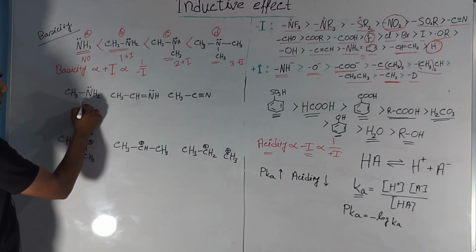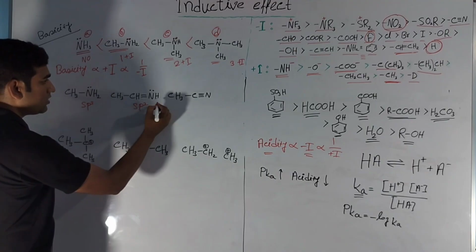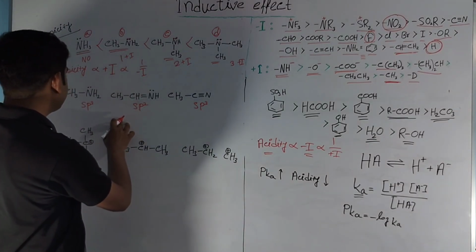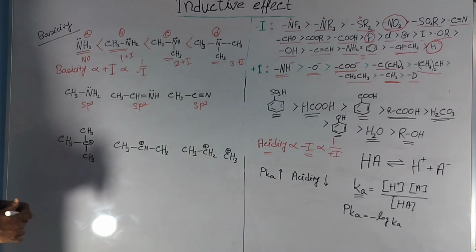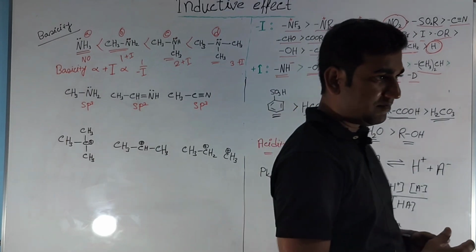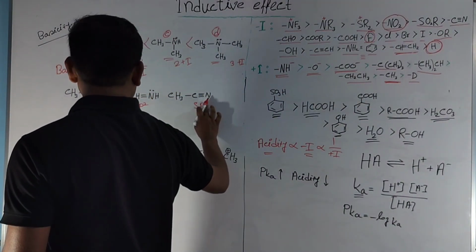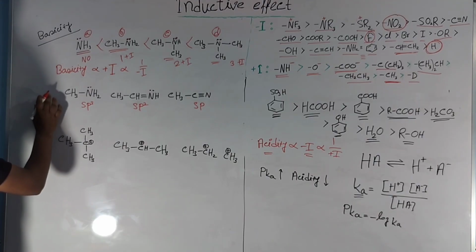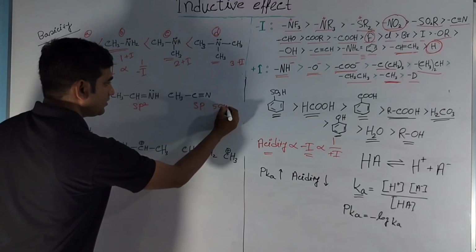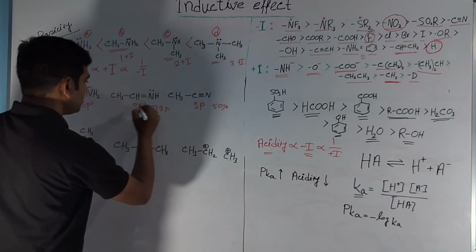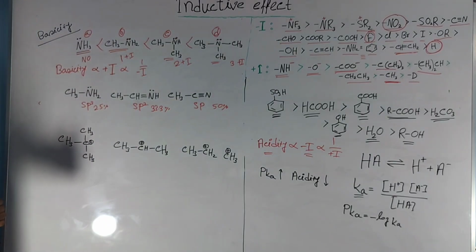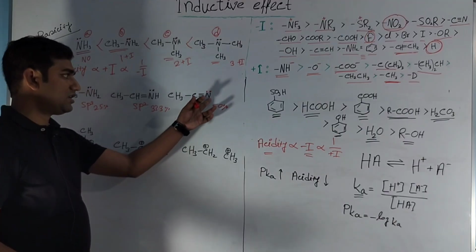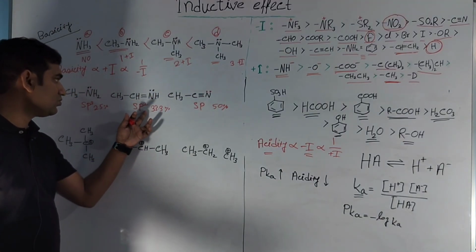If I compare, the first molecule is sp3, the second one is sp2, the third one is sp. Higher percent of S character: sp has 50%, sp2 has 33.3%, sp3 has 25%. Higher S character means higher electronegativity. So for that nitrogen lone pair, higher electronegativity means that nitrogen, sp nitrogen, sp2 nitrogen, sp3 nitrogen.